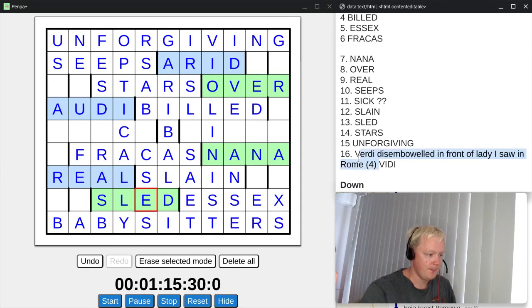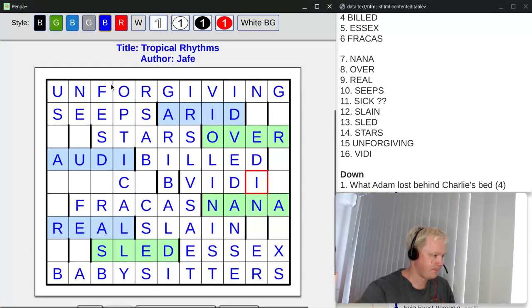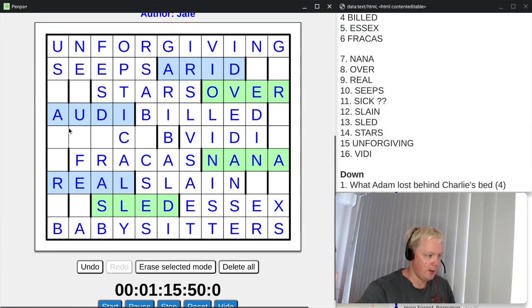So there we are. And vidi now only goes in one place. So it has to take this letter. This is the I and then DI here. Which means that we have a line here and also a line here.